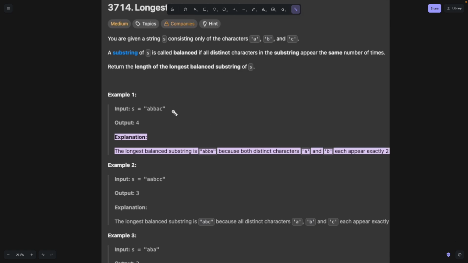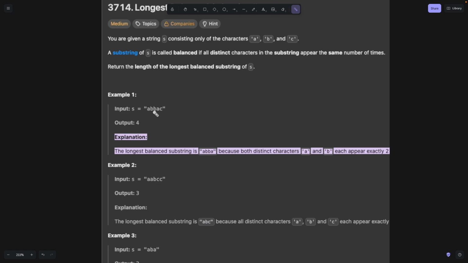So basically any substring where all the distinct characters have equal counts is balanced. If we take the example of the substring BAC, it has distinct characters B, A, and C, and each has count 1.